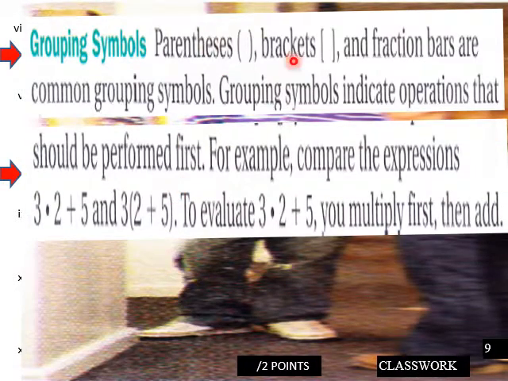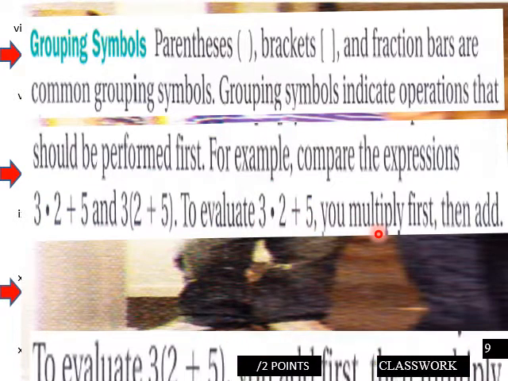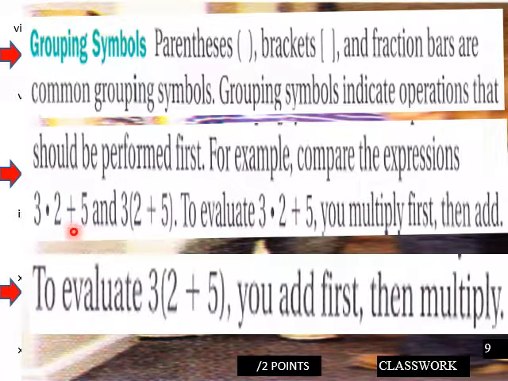Okay, grouping symbols. We have parentheses, brackets, and fraction bars as grouping symbols. Grouping symbols indicate operations that should be performed first. For example, compare these expressions here. You multiply first, then add. So it's multiply here first, and then we distribute our multiplication through that. And then to evaluate 3 times 2 plus 5, you multiply first.